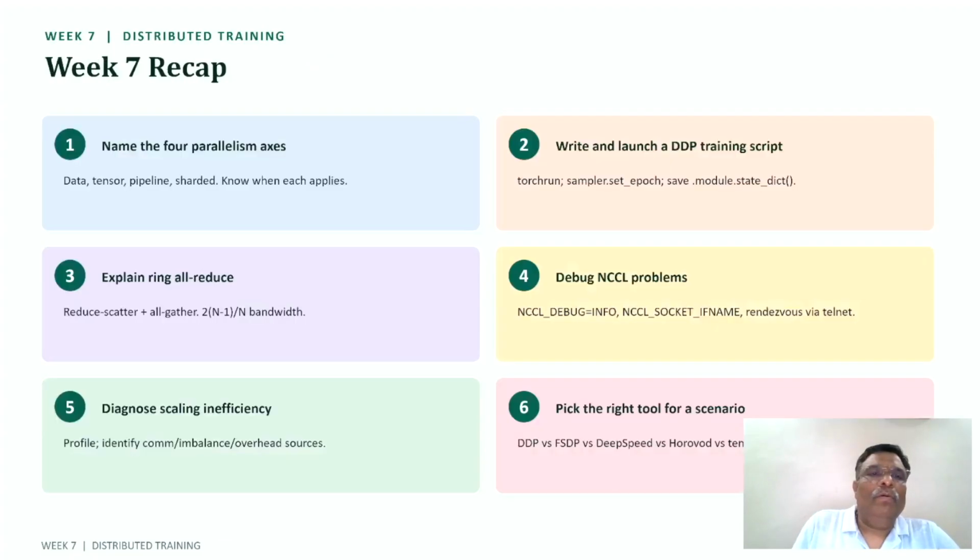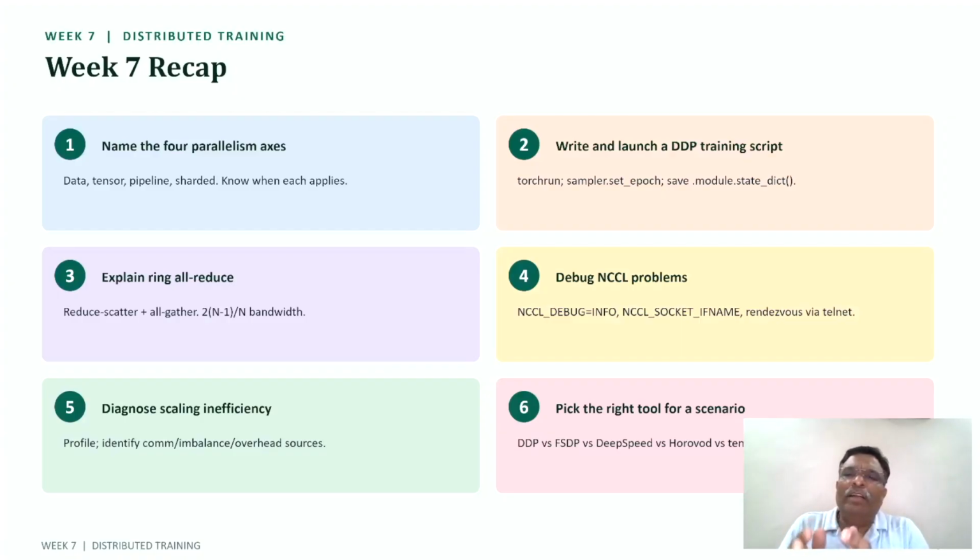From the distributed training point of view, we started with four parallelism axes. We talked about data, tensor, pipeline, sharded concepts, and how you write a DDP script.